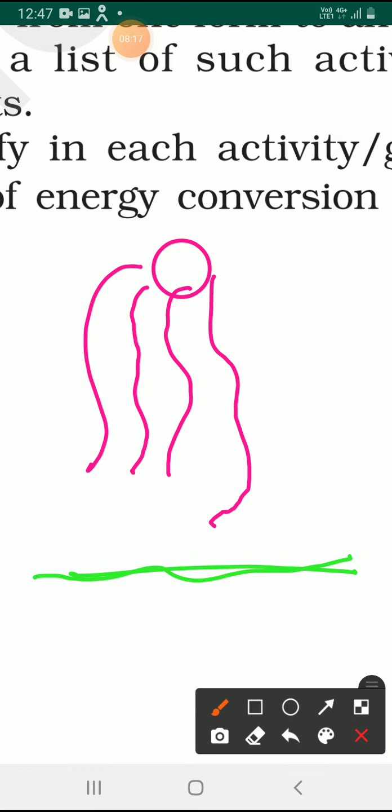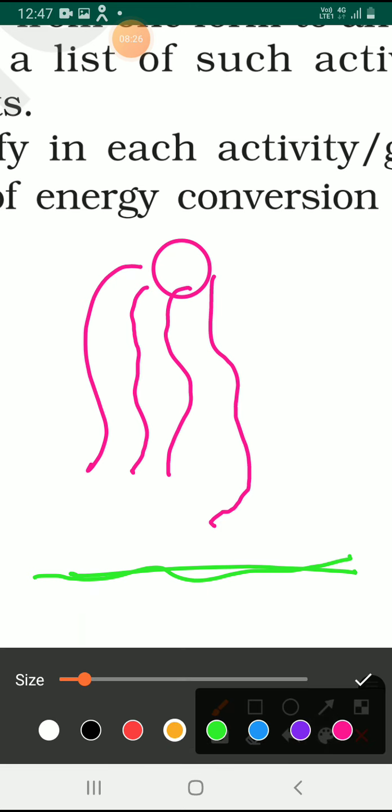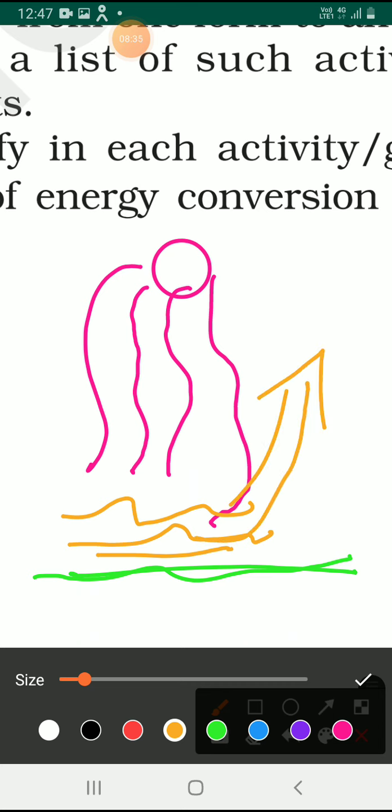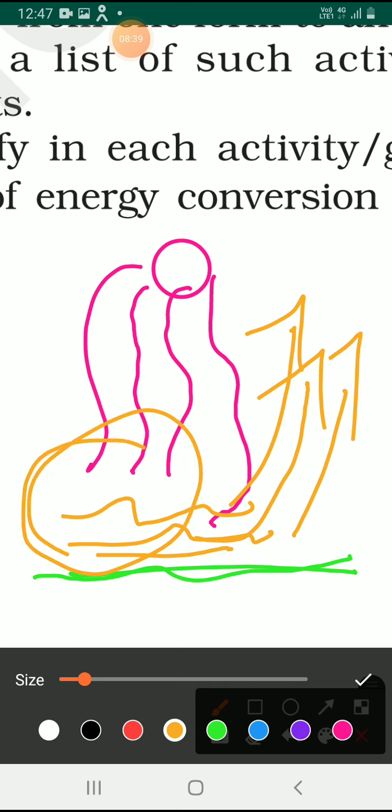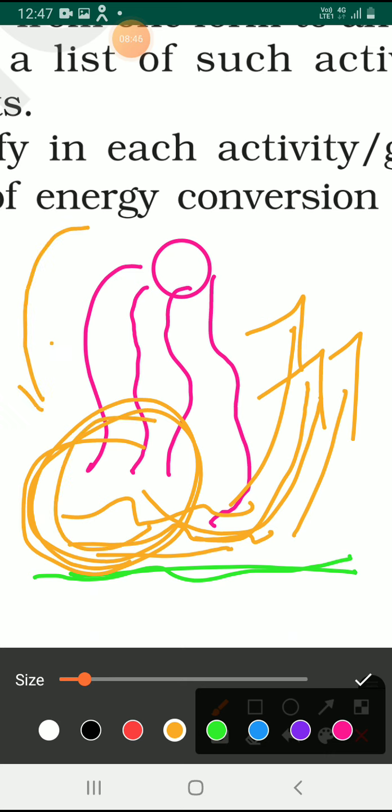When the sun's energy falls on the surface of the earth, the air which is present near the earth gets heated by the sun's energy, and it slowly rises up, creating a vacuum here, isn't it?